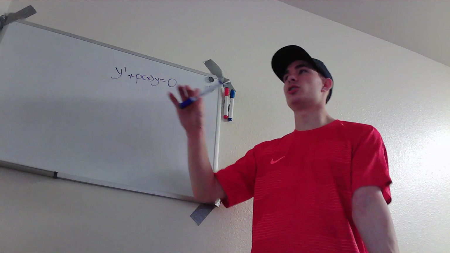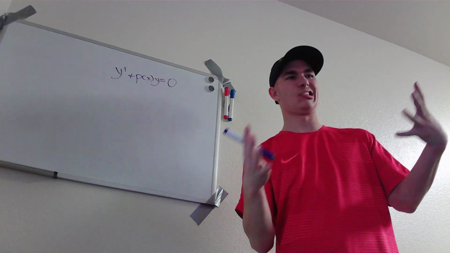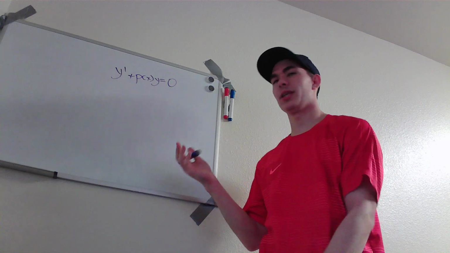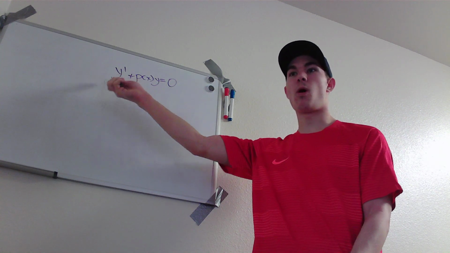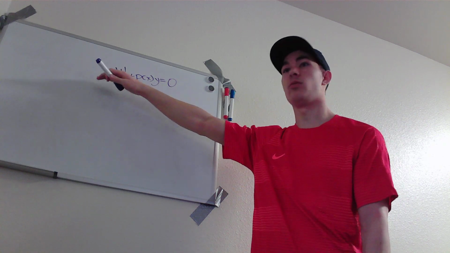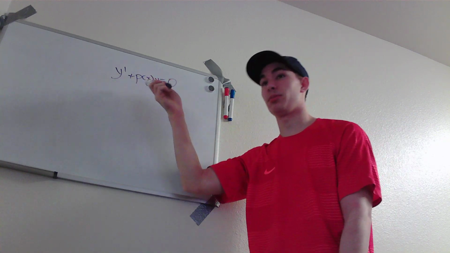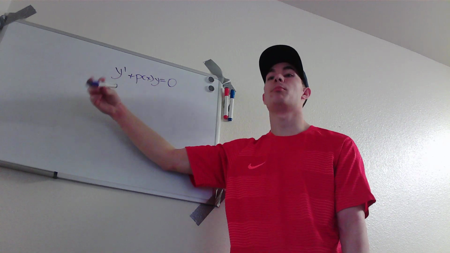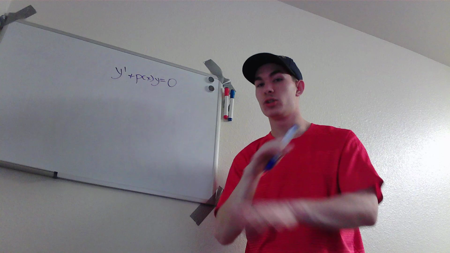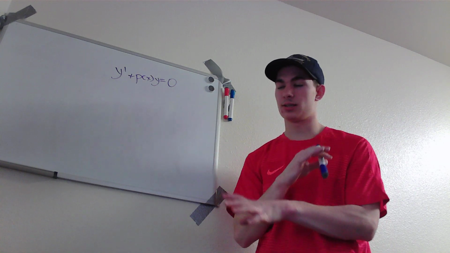If you're given the solution to a differential equation, and it's y equals this, and you have y prime and y, you just simply plug y into y, and then take the derivative of y and plug y prime into y. Super easy, barely an inconvenience, super basic.